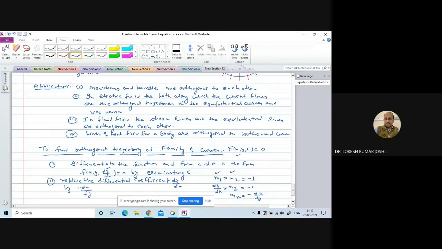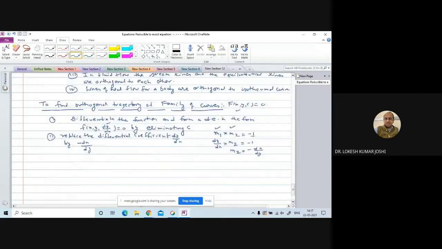If someone asks you why we replace this differential coefficient with -dx/dy, then you have the reason. The reason is, since both curves are perpendicular to each other, the product of their slopes will be -1. If the slope of the first curve is dy/dx, then the slope of the second curve will be -dx/dy.